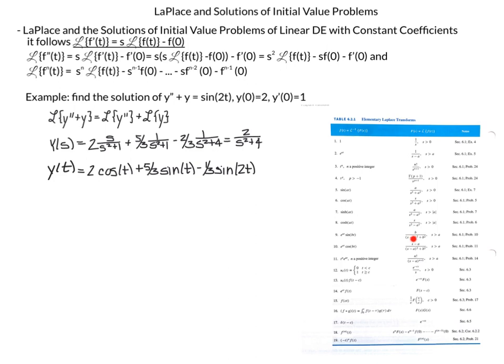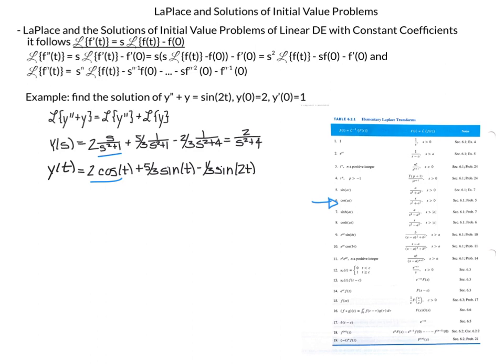When I look down here for something like s over s squared plus a squared, I see that the cosine function fits the bill. So for my y of t, I have 2 times cosine of t. When I take the Laplace transform, I'm going to get 2 times s over s squared plus 1. So that's what I have for this part.